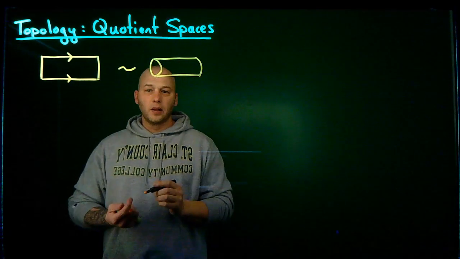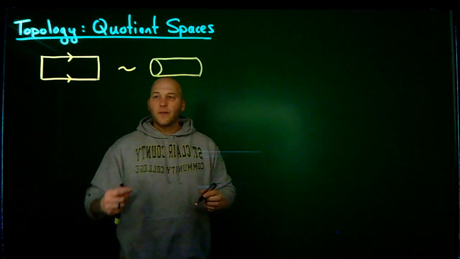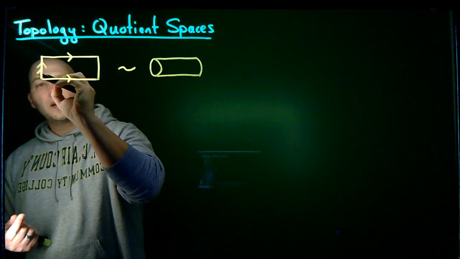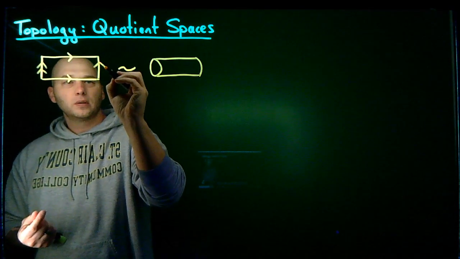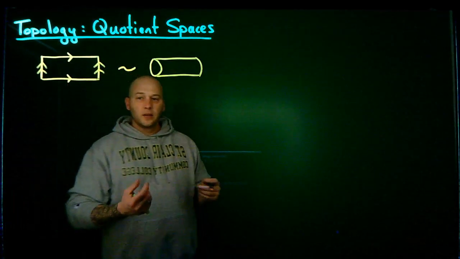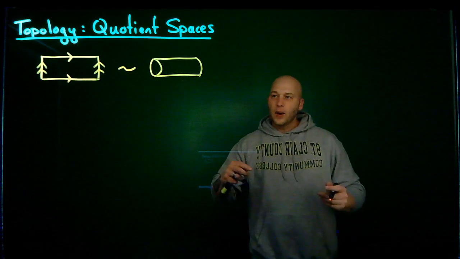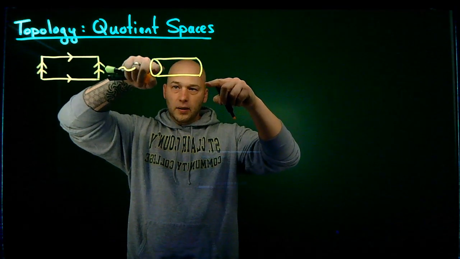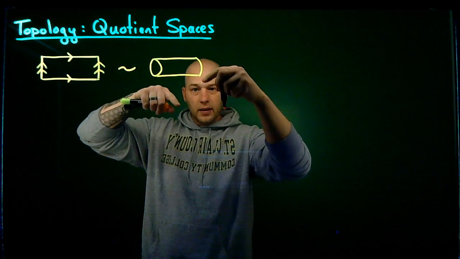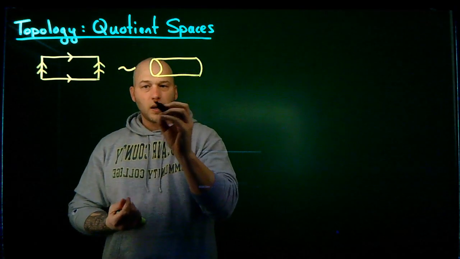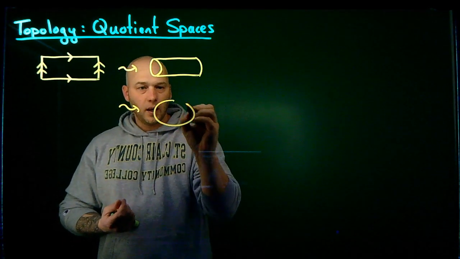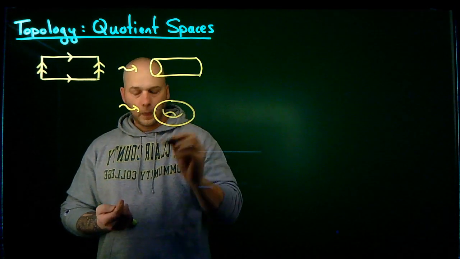Okay, so I get the cylinder. And now if I go back and say, let's identify every point on the short edge, and let's say those are equivalent, what happens is I take the cylinder, and the circle on this side and the circle on this side, I put those together, and I get a torus.